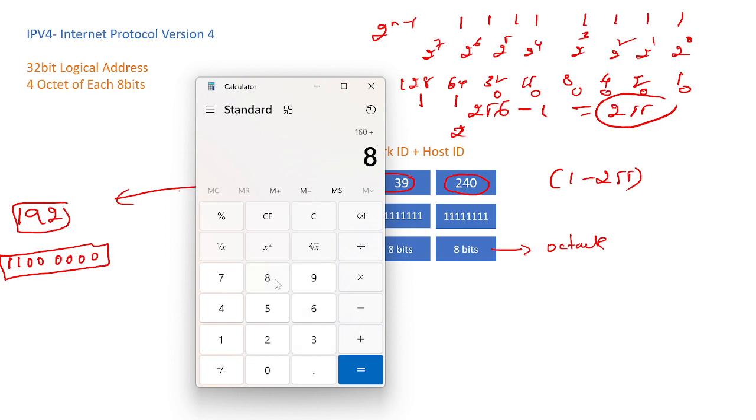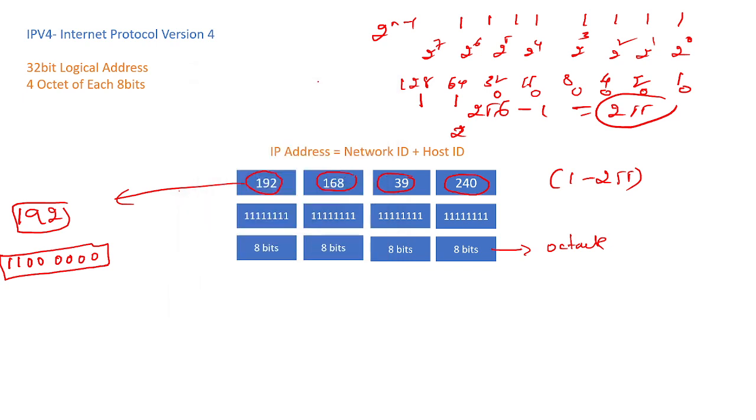So here, this one is 1, this one is 0, this one is 1, this one is 0, then 1 0 0 0. So the binary of 168 is 10101000. This is the binary of 168.